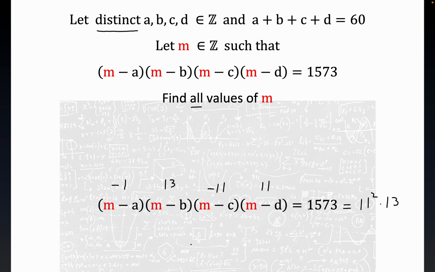Okay, so the big idea here is to note that these factors on this side would add up to 4m minus the sum of a plus b plus c plus d.